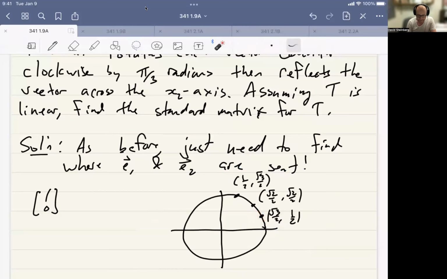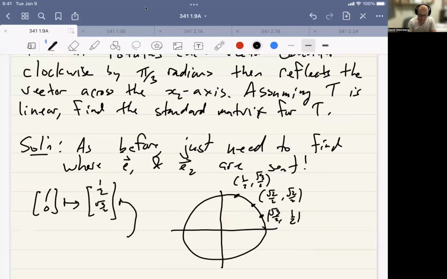Okay, so if we rotate 1, 0 by pi over 3, going from here to there, it looks like this gets mapped to 1/2, root 3 over 2. That's the rotation, and then it's going to get reflected.